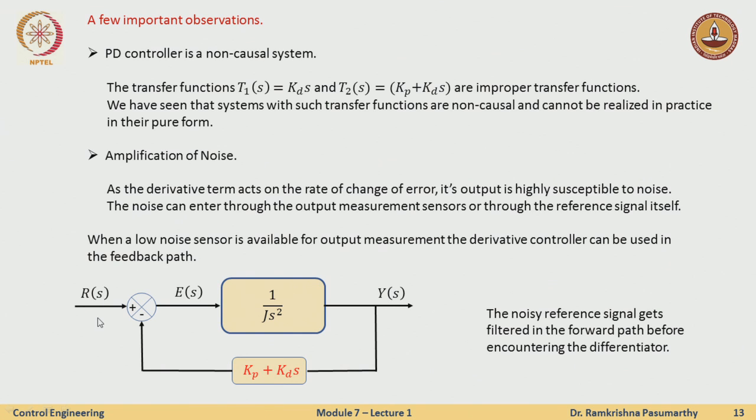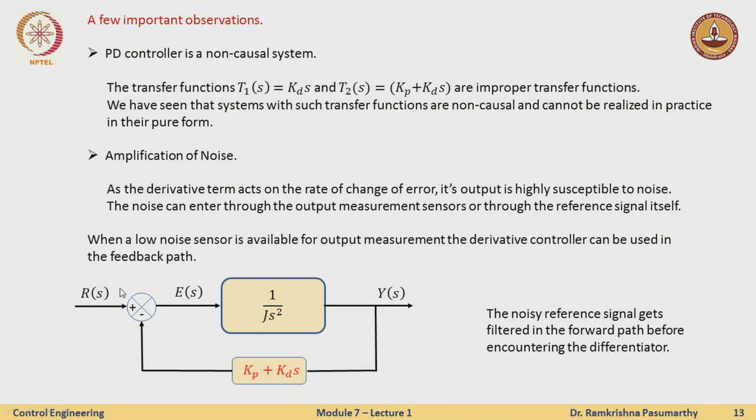Okay. So, just for practical purposes, sometimes it is good for us to add the derivative control in the feedback loop if I have a low noise sensor, right. So, I can reduce the effect of noise emanating through this.